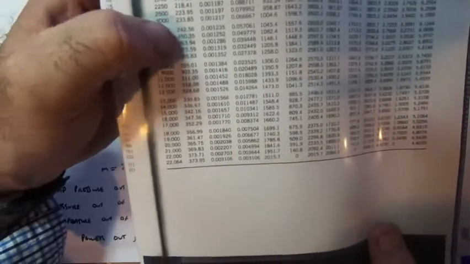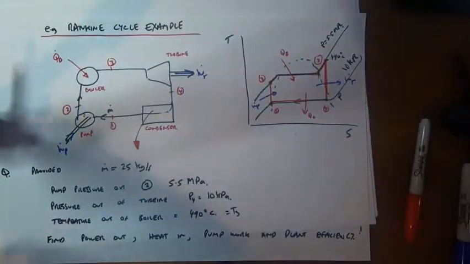So at 490 we're way above this, so we're in the superheated region. So that's how I know. If I didn't know to begin with, that's how I could find out that I'm actually superheated in this case.